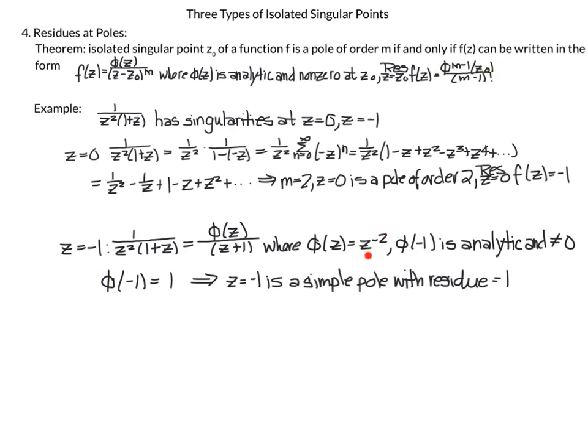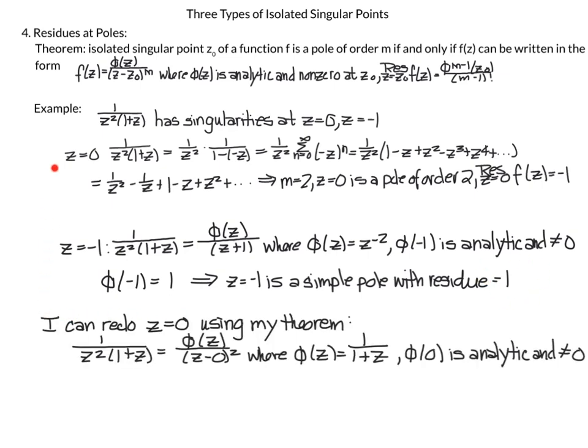And we've already seen that phi at negative 1 is just 1 over negative 1 squared, which is just equal to 1. And then we put that over m minus 1 factorial. And when m is equal to 1, that's 0 factorial, which is just equal to 1. So finally, 1 then is our residue. So z equals minus 1 is a simple pole with a residue equal to 1.